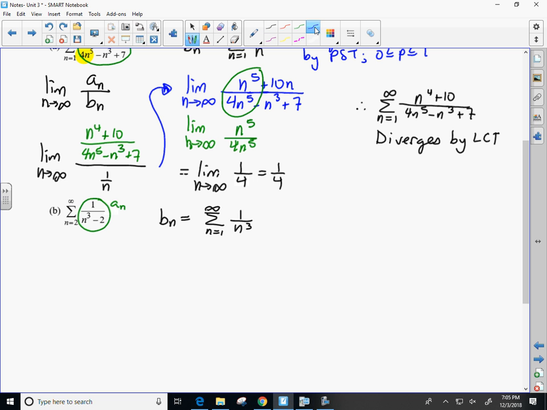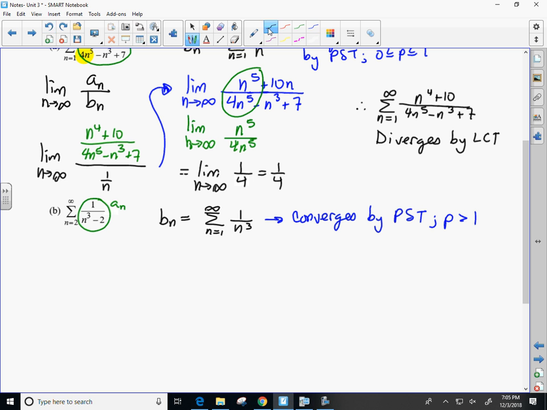Now that series in and of itself converges by the p-series test, specifically because we're looking for a p-value greater than 1.